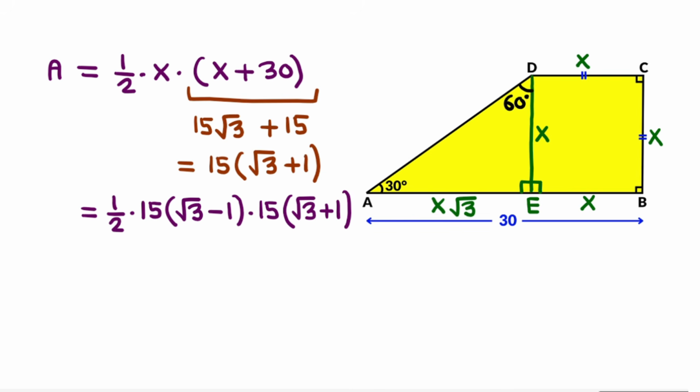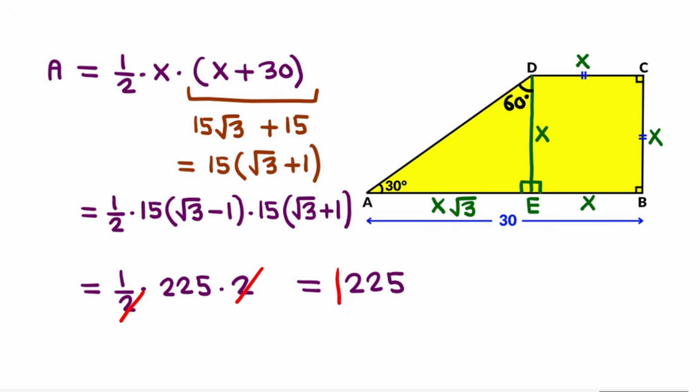So the entire expression becomes 1/2 times 225 times 2. The 2 cancels with the 1/2, leaving us with 225. So the exact area of the trapezoid is 225 square units.